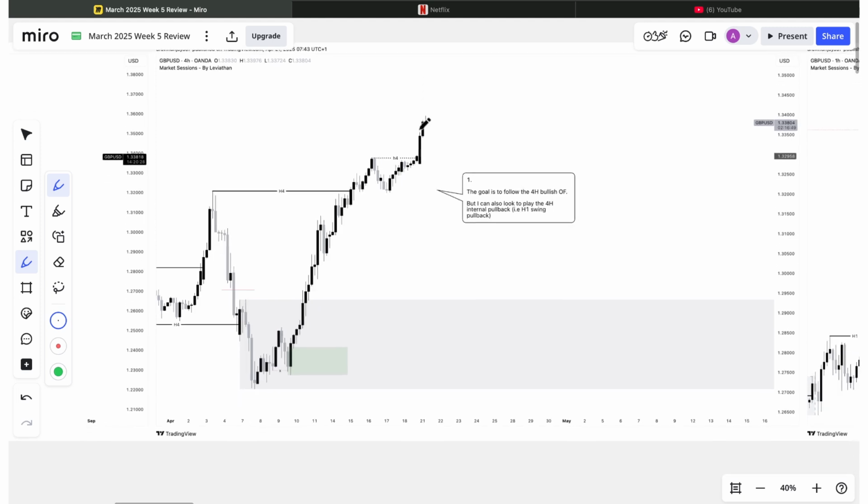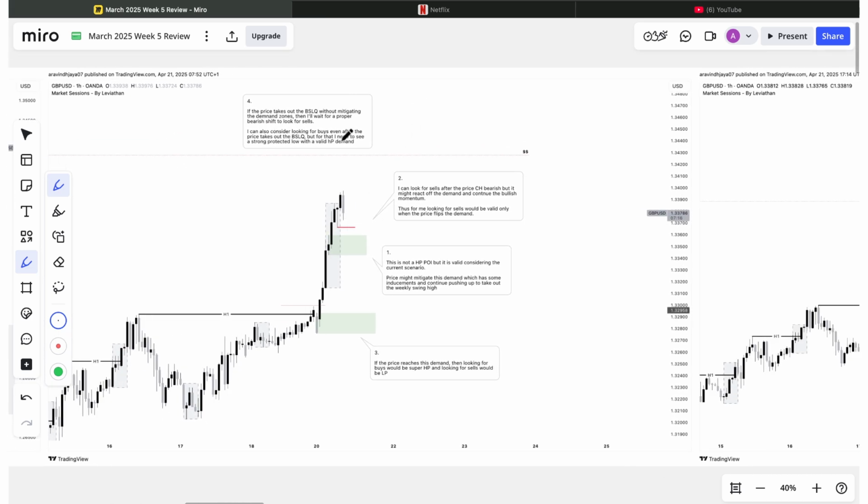This is the 4-hour chart, and I mark this as the internal structure. So I can now play the internal pullback. There is a lot of displacement here, so I can assume that the price will form a complex structure to get this POI and then continue pushing up to take out the weekly buy side liquidity.